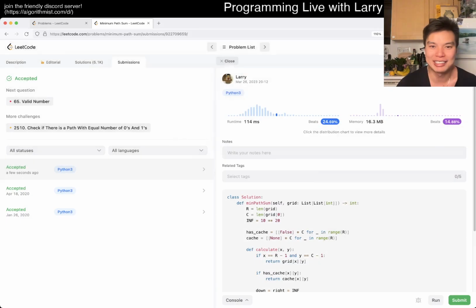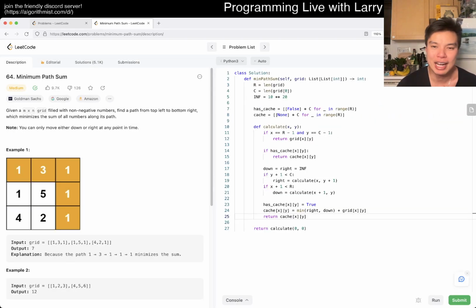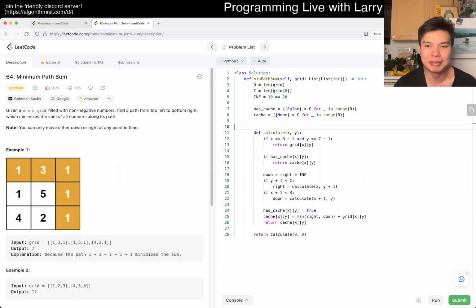The streak is 1091. Yeah, what is the complexity here? For dynamic programming, there are optimizations you can do, for example the space optimization, but we'll ignore that for now. The space is O of R times C, which is linear in the size of the input.